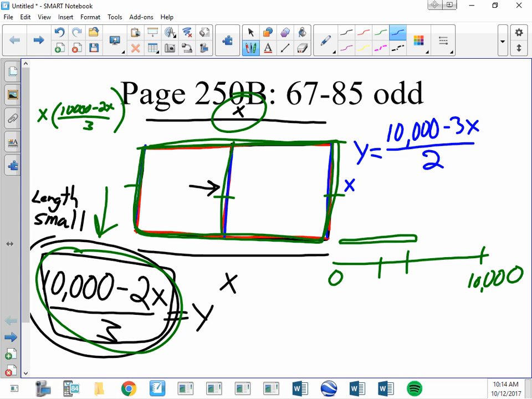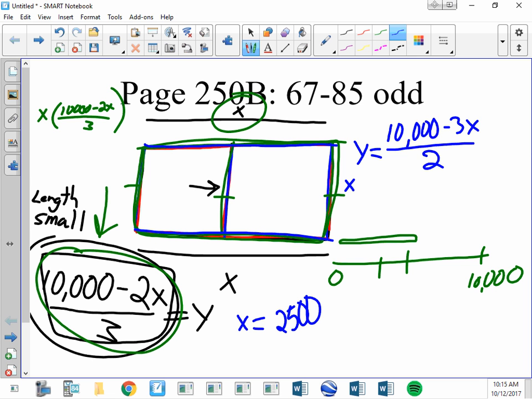So what does that tell me about this picture? What did I find out about this? We got x equals 2,500. What does that tell me about the picture? The long side is 2,500. So this would be 2,500.